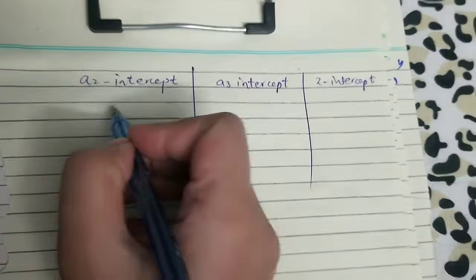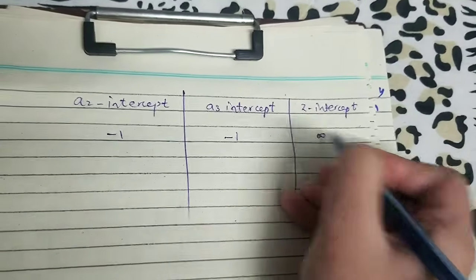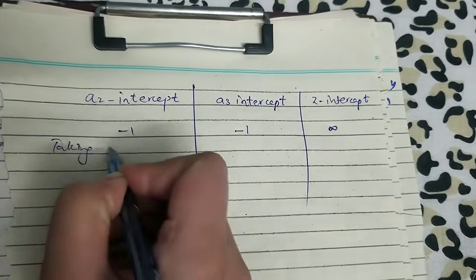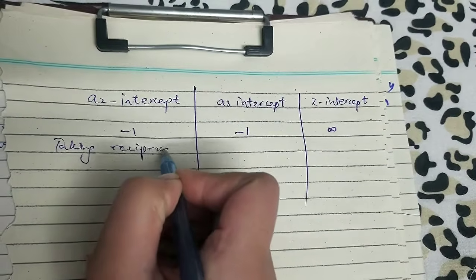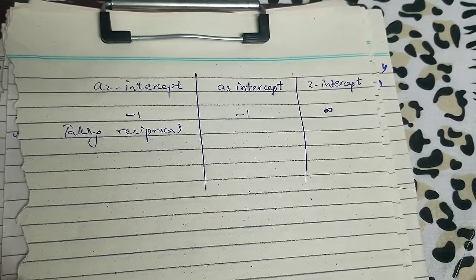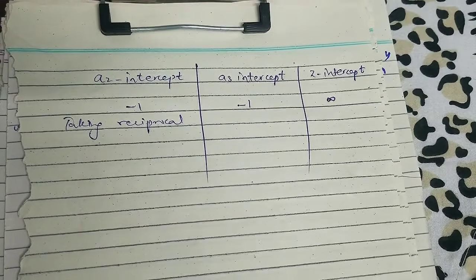So for a2 the intercept was -1, a3 intercept was -1, and z intercept was infinity. Now we'll take reciprocals. In case of planes, we take reciprocals, but in directions we do not take inverses.